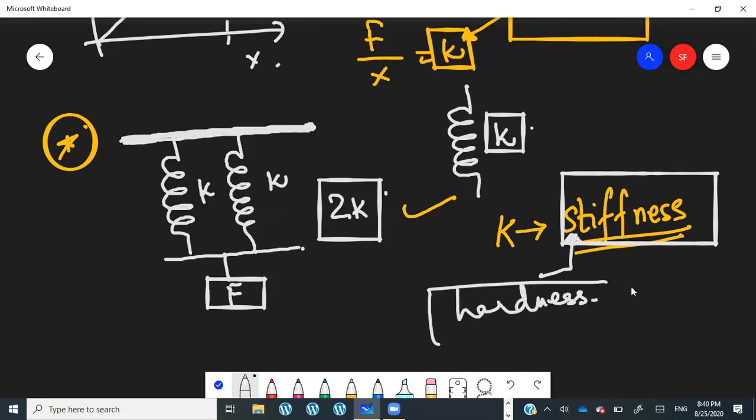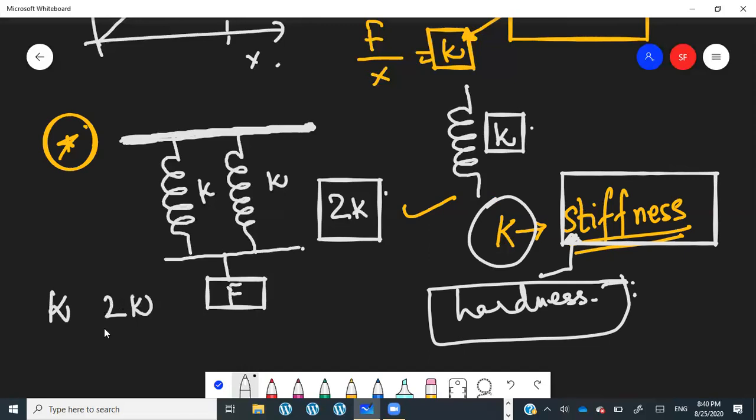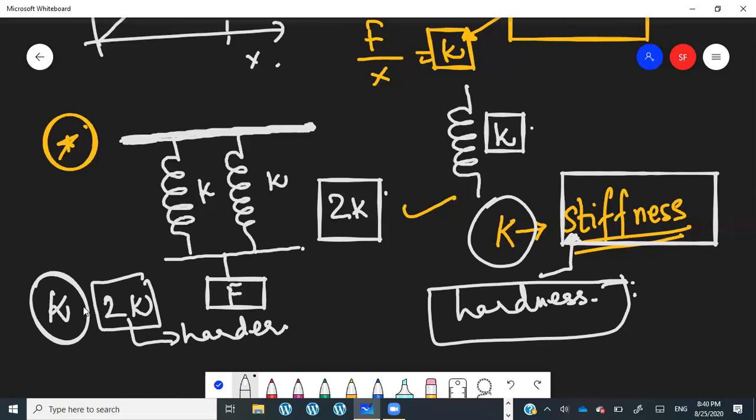How easily the spring is extended is represented by the spring constant. So if you have a spring with a spring constant K, and another spring with a spring constant 2K, the spring constant 2K would be harder to extend as compared to K. This is what the spring constant actually represents.